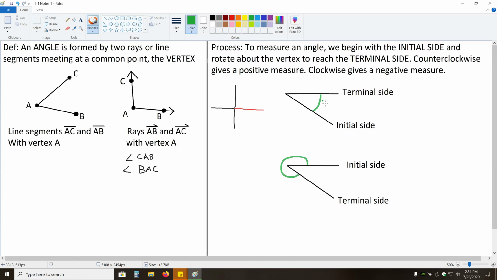So whereas in the first example the angle was maybe something like 40 degrees, in this second example the angle is maybe closer to 300 degrees. Even though it looks like the angle would be this value, that would be rotating clockwise, which we do not do. We rotate counterclockwise. If we rotated clockwise, then we would be giving a negative angle.